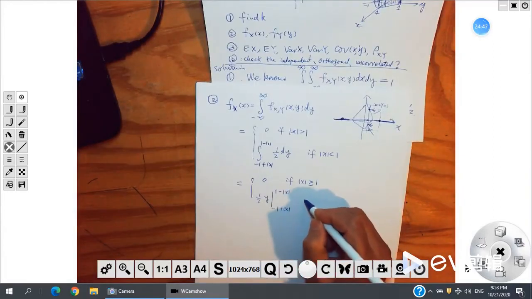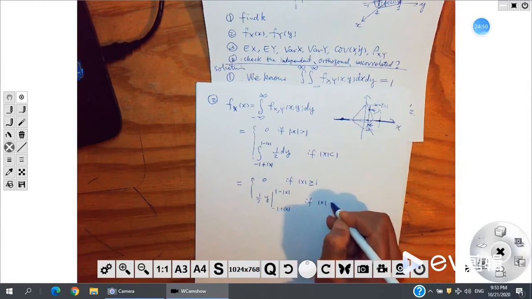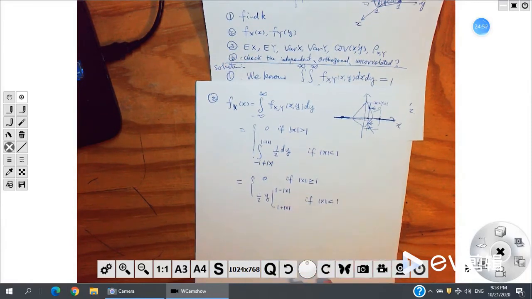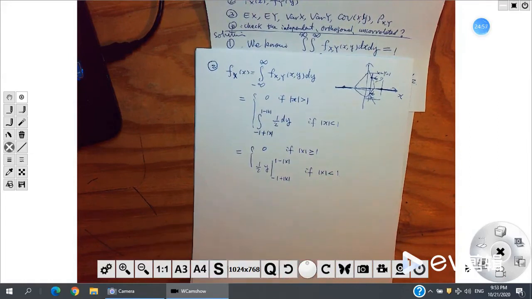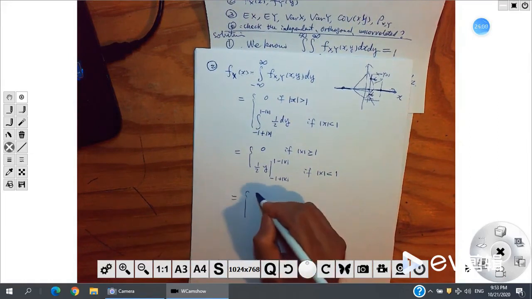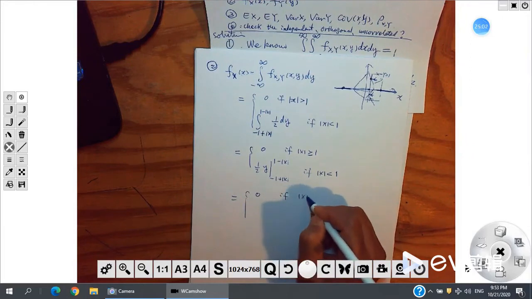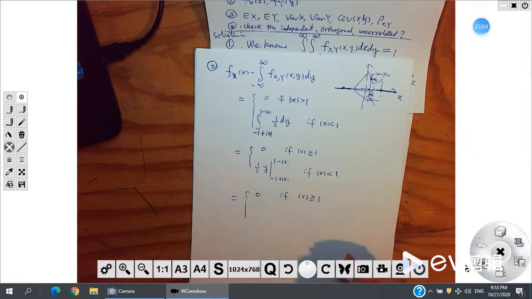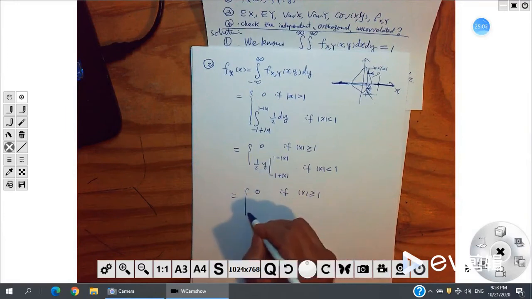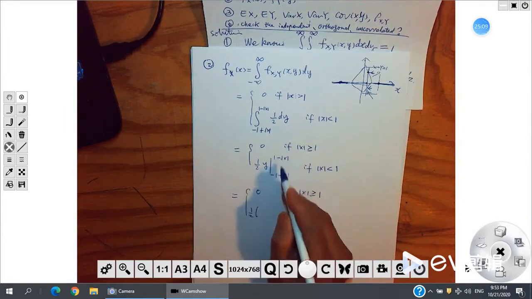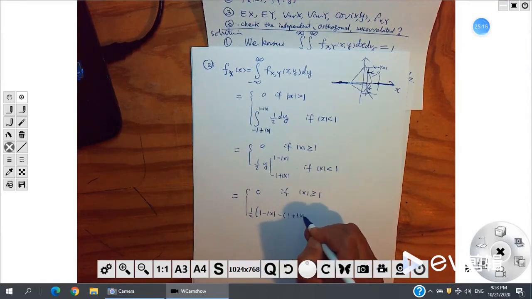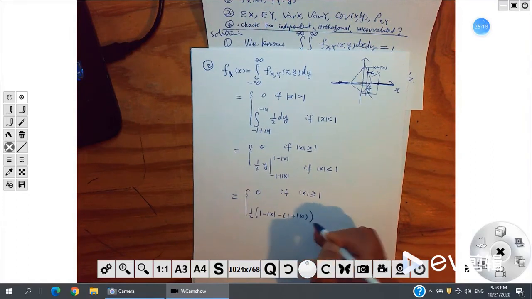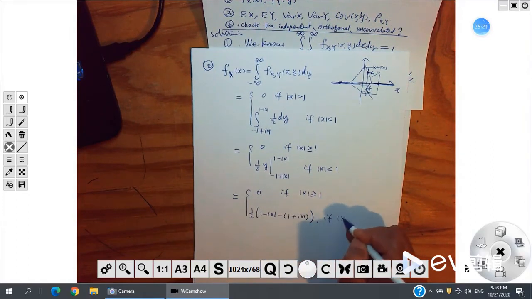So here's if the absolute value is smaller than 1, then this will be, okay, still two parts: 0 if the absolute value of x is larger than 1, and this is 1/2 times this one minus this one, so it's 1 minus the absolute value of x minus 1 plus the absolute value of x, if x is smaller than 1.